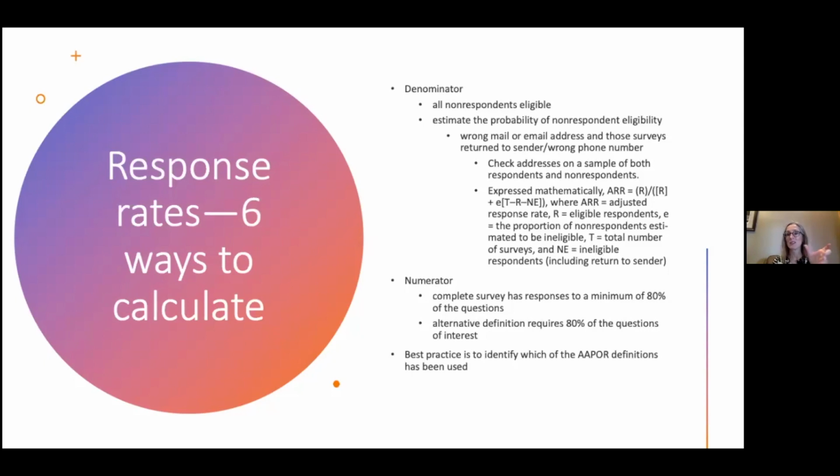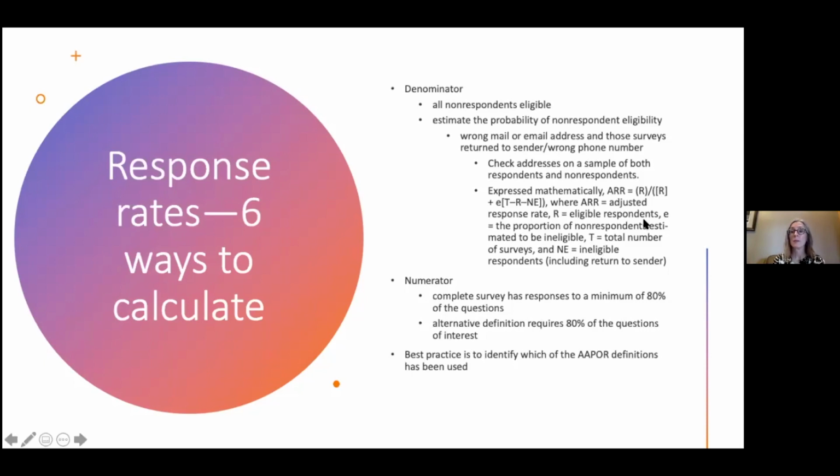And the 6 different ways are how you count the responders and how you count the non-responders. The easiest way is to say, well, all non-responders were eligible. That's probably not true. If you sent a survey to the 7-Eleven store, that non-responder really wasn't eligible because that's not an eligible address. Even though it was in the field, it's not an eligible address.